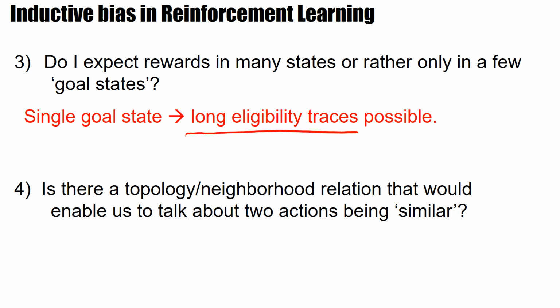And finally, the question: is there a topology or neighborhood relation that would enable us to talk about 2 actions being similar? And this is what we are interested in now. So this is one action, this is a different action, but the 2 actions are similar, but they are very, very different from an action that points in a completely different direction. How can we use that?